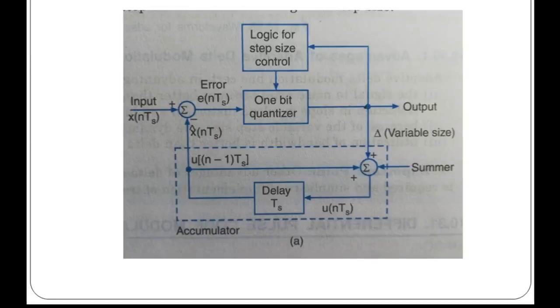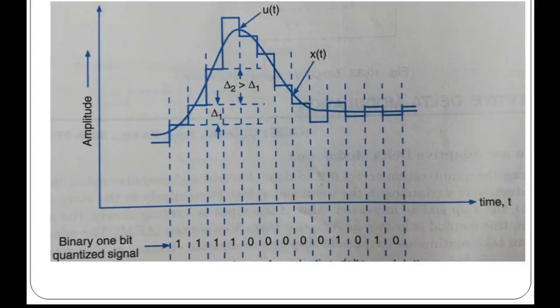As an example, if the 1 bit quantizer output is high, if it is 1, then the step size may be doubled for the next sample. If the 1 bit quantizer output is low, then the step size may be reduced by 1 step. So you can see here this logic is implemented.